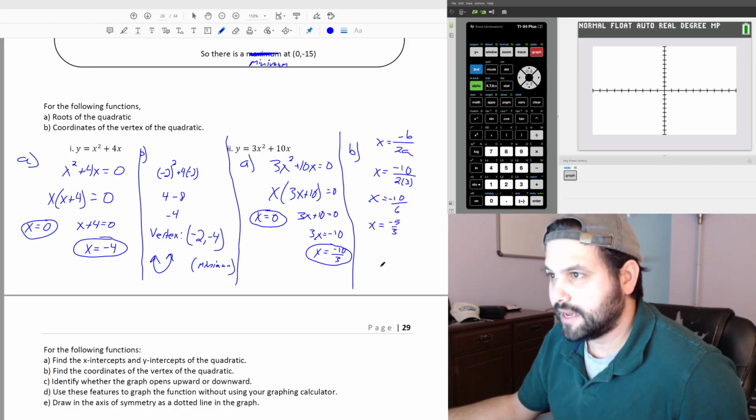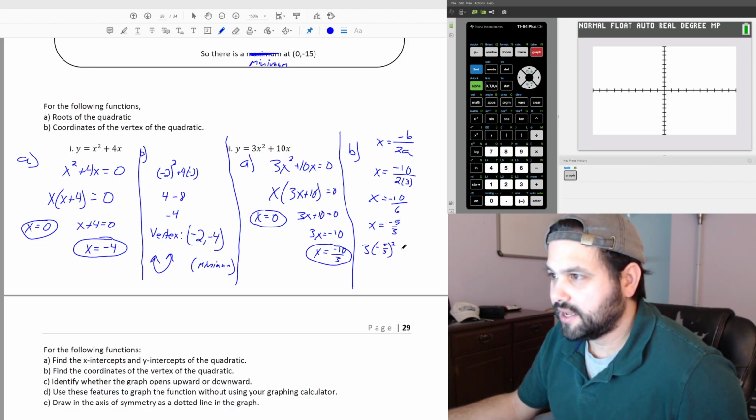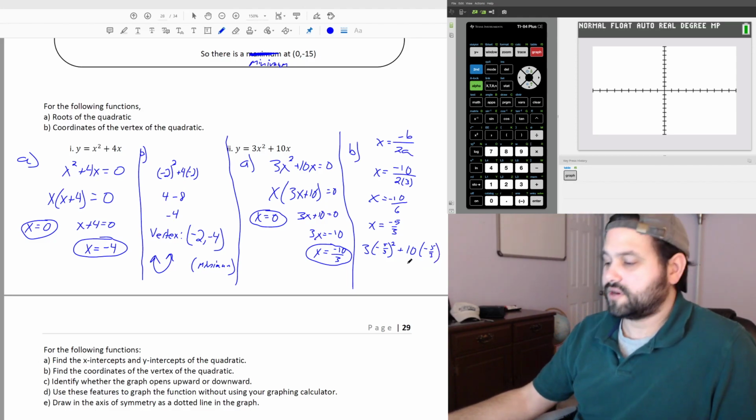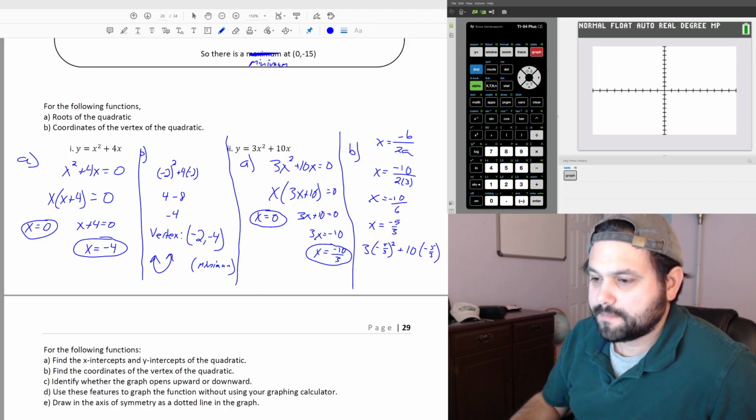So I'll go ahead and do that now. So I would have 3 times -5/3 squared, and plus 10 times -5/3. And here we can go to our calculator and just plug this in, figure out what we get.